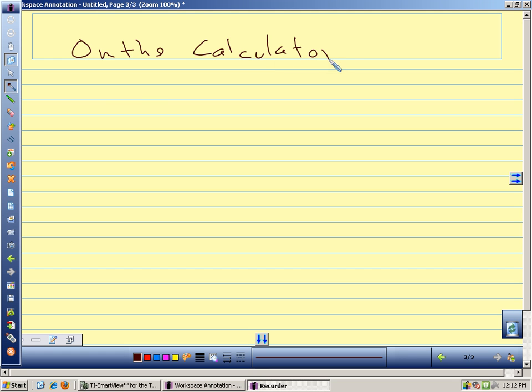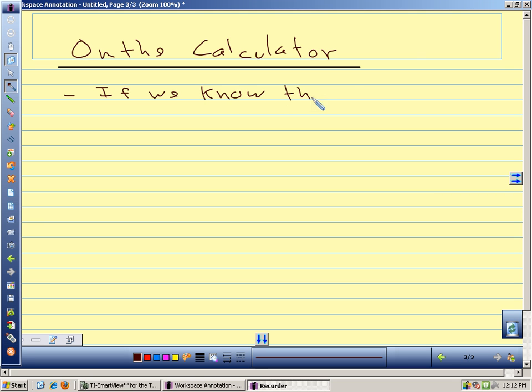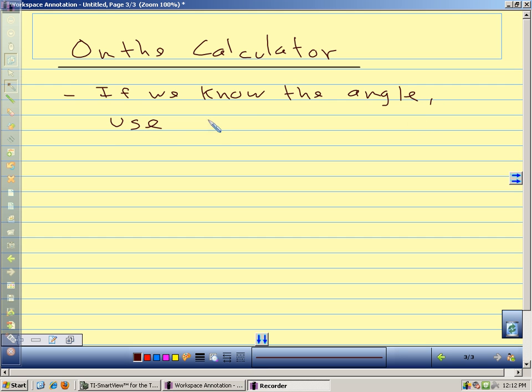So we want to figure out how to find tangent ratios on the calculator. If we know the angle, we use the button on your calculator that says tan.